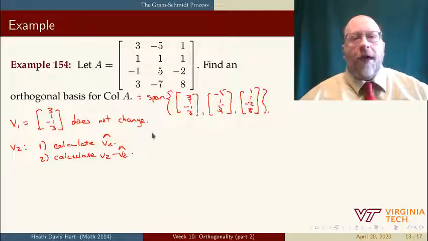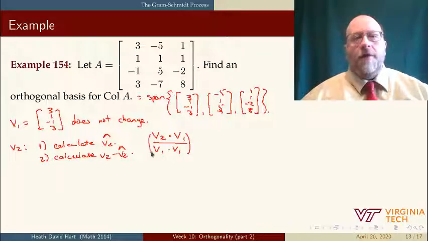So v2 hat is v2 dot with the vector that came before it, which is v1, over v1 dot v1. This gives us our proportion, and then we multiply that by v1. This will be v2 hat. All right.